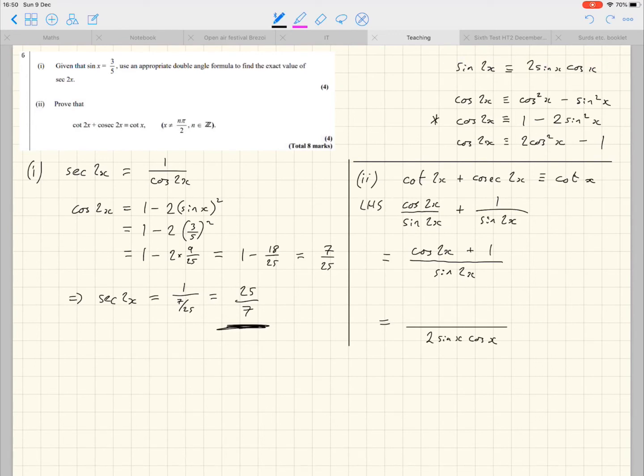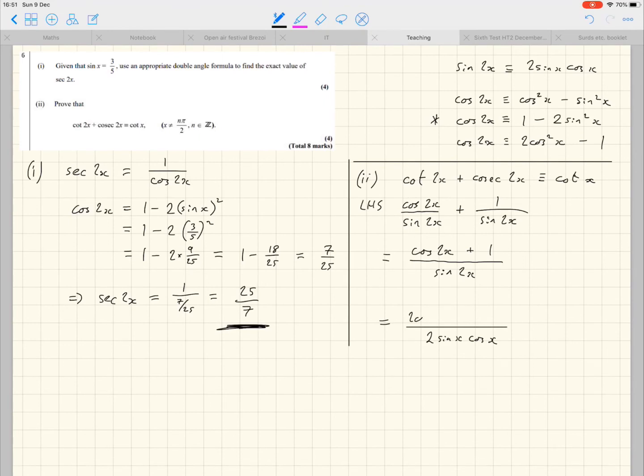The numerator, we've got some options again. But since it's cos 2x plus 1, it makes sense to use this identity here, because the plus 1 here is going to cancel out with the minus 1 in the identity in the double angle formula.